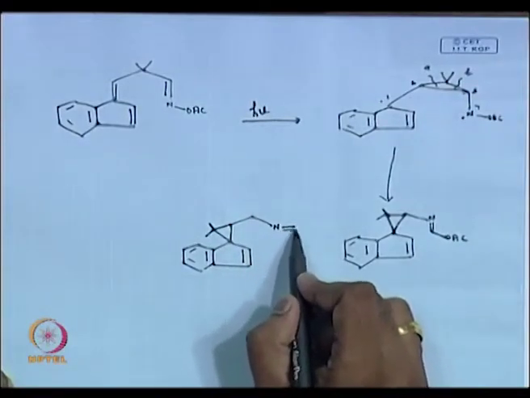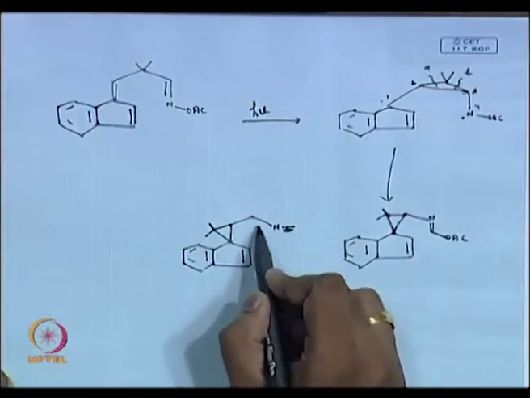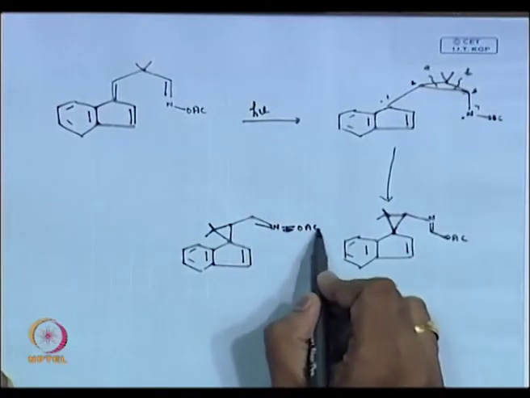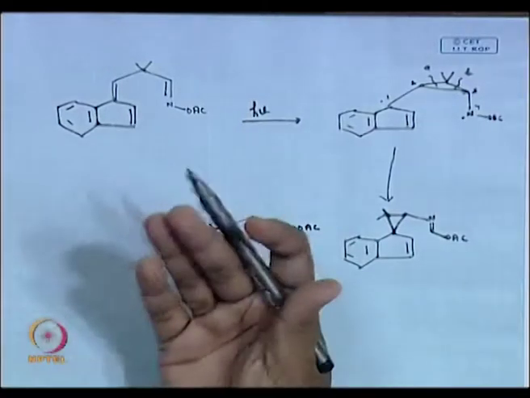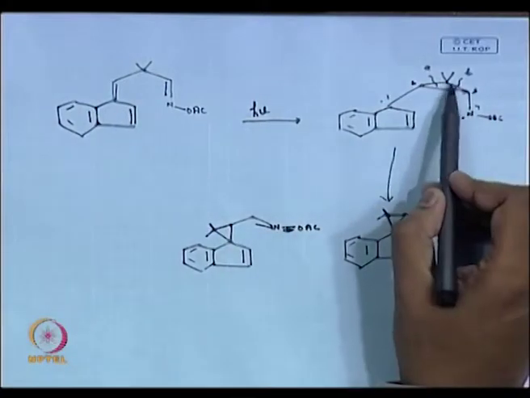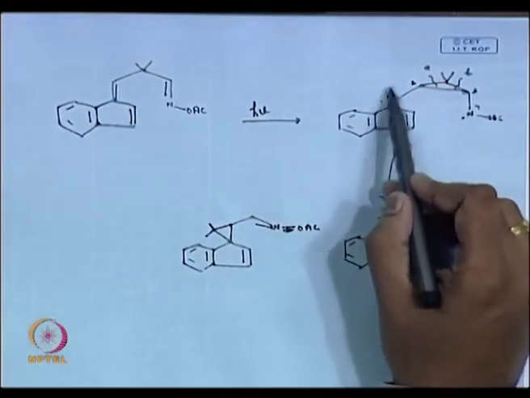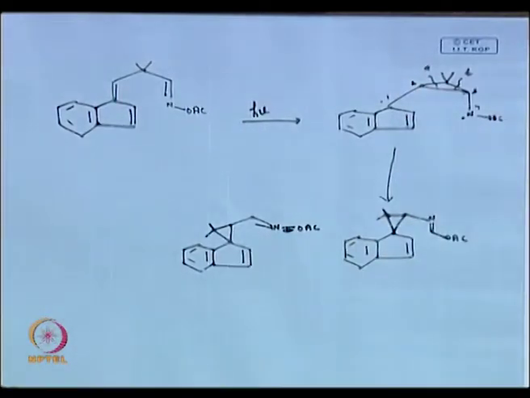Then you can get your OAc, right. And this imine can hydrolyze to give you a ketone sometimes, fine. So, I am breaking this bond, making a cyclopropane formation here with my imine, clear.